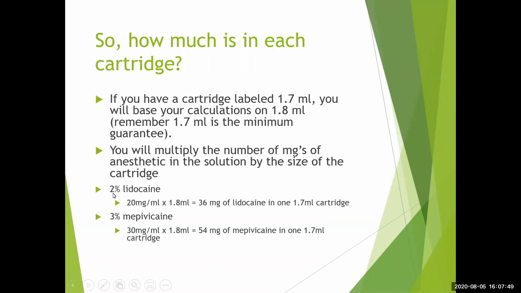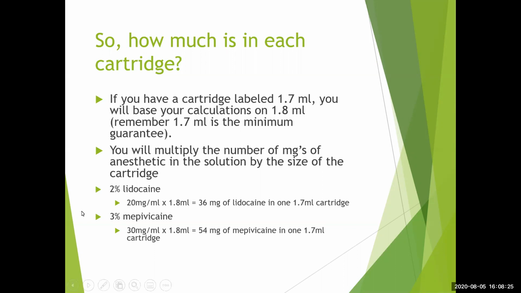So with a 2% lidocaine formulation, we know that 2% means there's 20 milligrams of lidocaine per milliliter of solution. So in order to find out how much is in that cartridge, we need to multiply that by the size of the cartridge, 1.8 milliliters. So when we multiply 20 milligrams per milliliter times 1.8 milliliters, our milliliters cancel out, and we find that there's 36 milligrams of lidocaine in one 1.7 milliliter cartridge of 2% lidocaine.